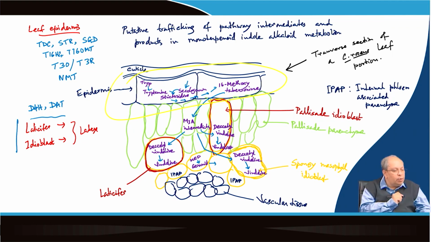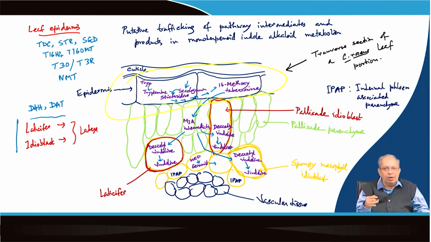Now, I may end the class here, but in the next class I will show you another pictorial diagram, where I will show that again this structure, but there I will put the mesophyll tissue, phloem parenchyma, idioblast, laticifer and leaf epidermal cell, along with the extracellular space, and the cell surface, because I will tell that some of these final monomeric indole alkaloids are secreted out to the leaf surface.